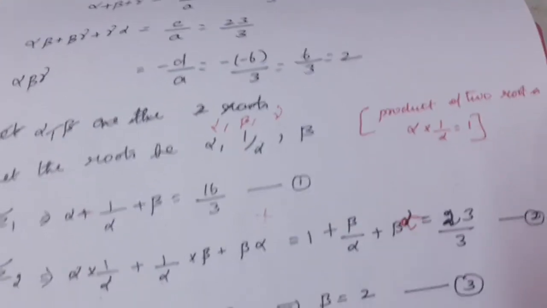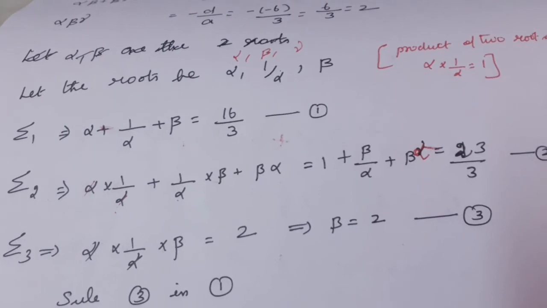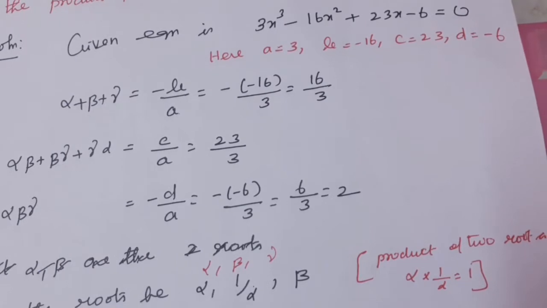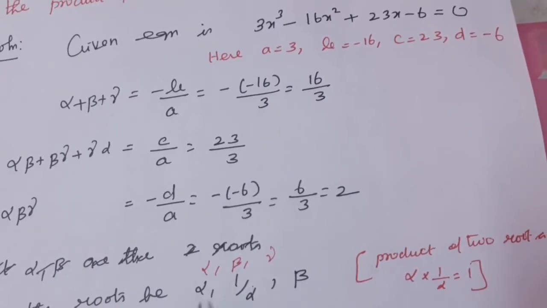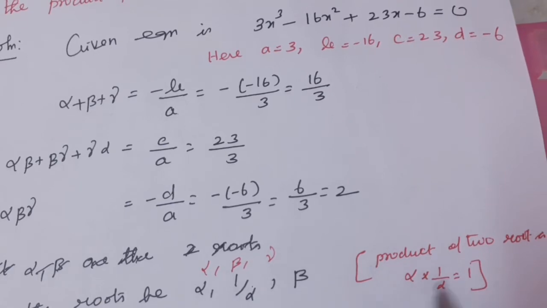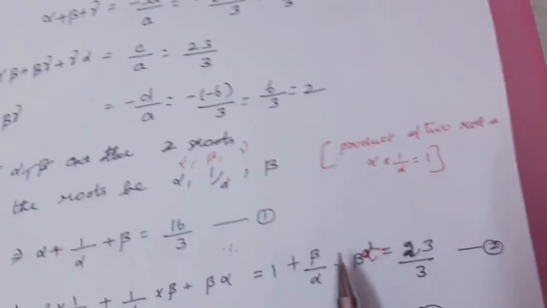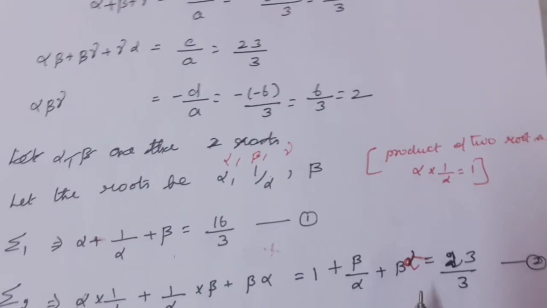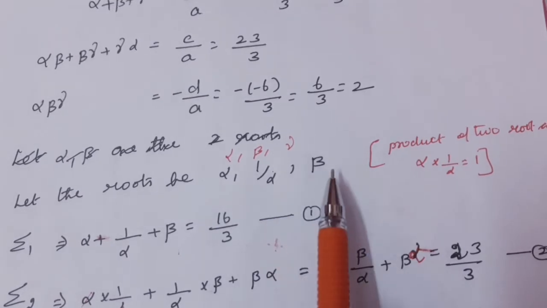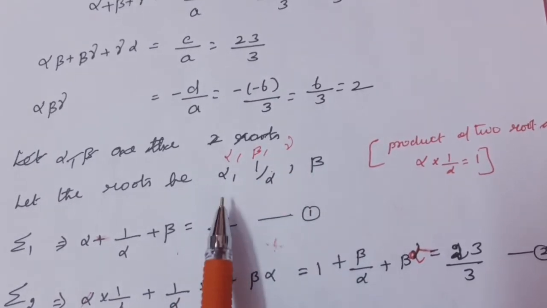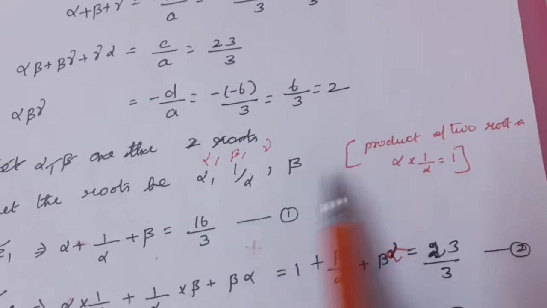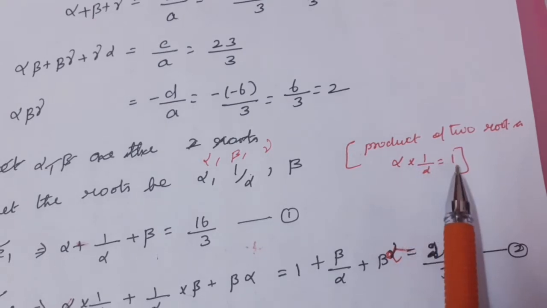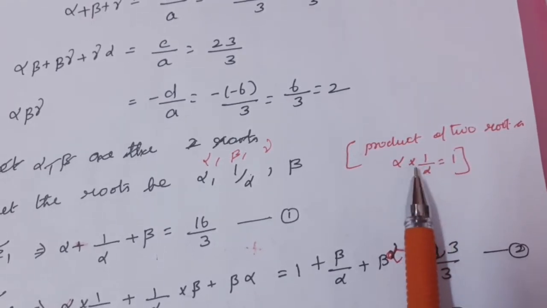Now we take the roots. What does the question itself give? The product of two roots is 1. Therefore let the roots be alpha, 1 by alpha, comma beta, because the product of the two roots, alpha into 1 by alpha, alpha and its reciprocal, is 1.